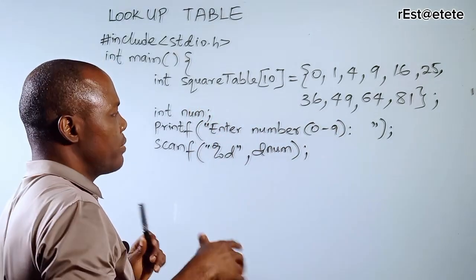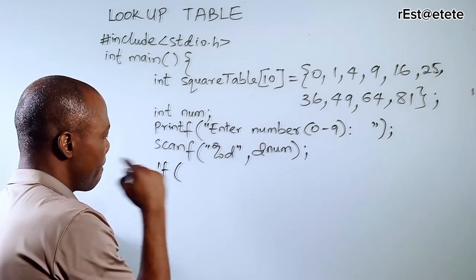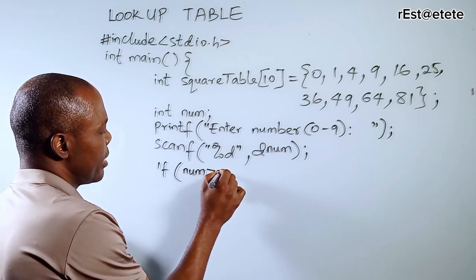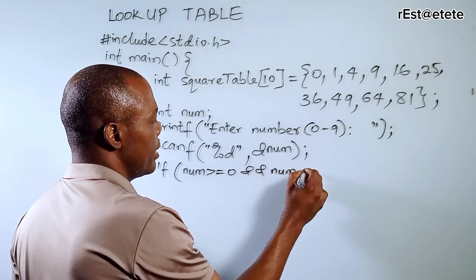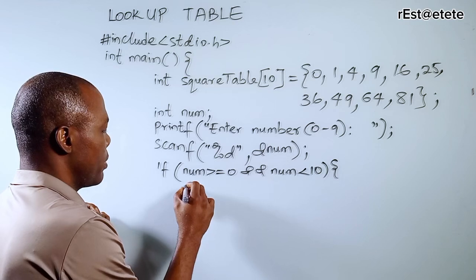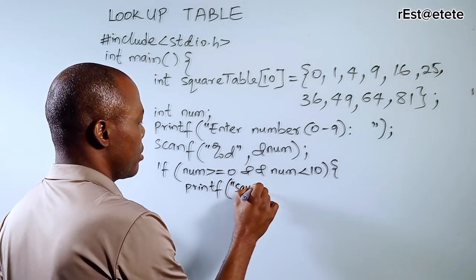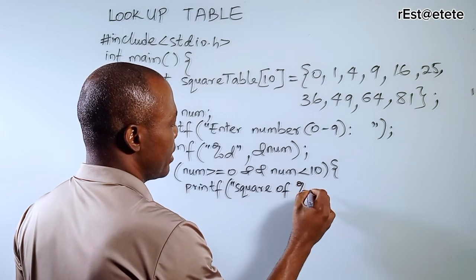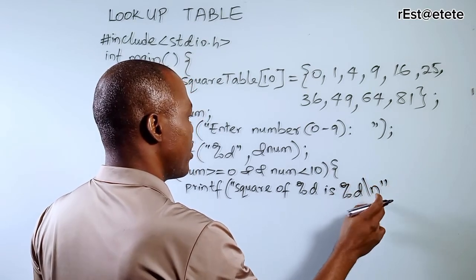Now, when I supply a number and it is stored here, the next thing will be what? My if statement. My if statement will check if the number is within this range. So I will say if num is greater than or equals to 0, and num is less than 10, go in and do printf, square of %d is %d\n, comma.